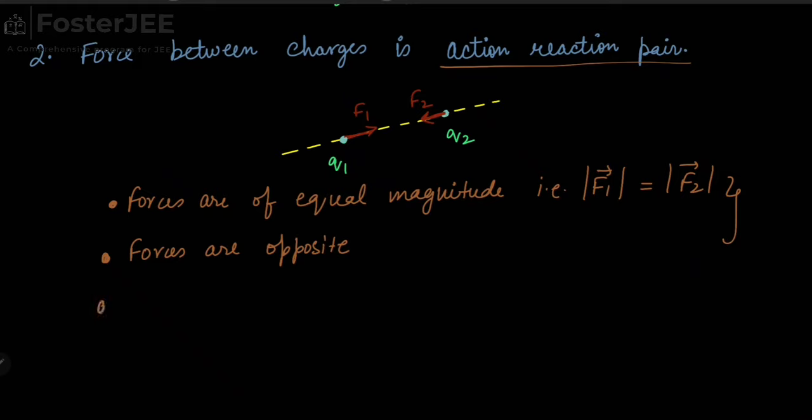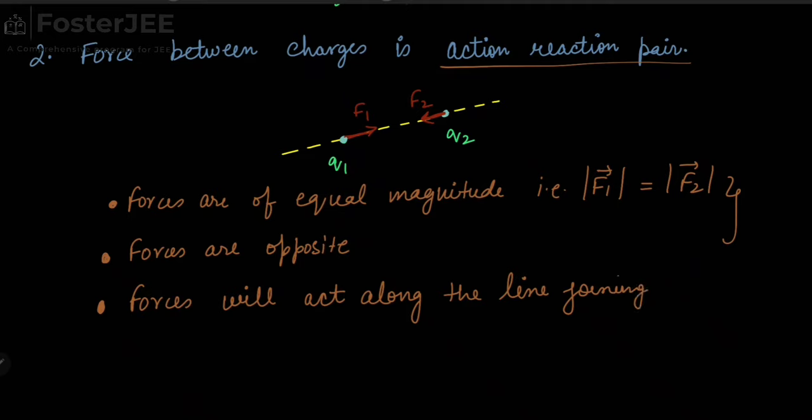And the third and most important point is that both the forces will act along the line joining the two charges. That means either the force will be like this or it will be like this, but it can't be away from this line, like this or like this, anything.